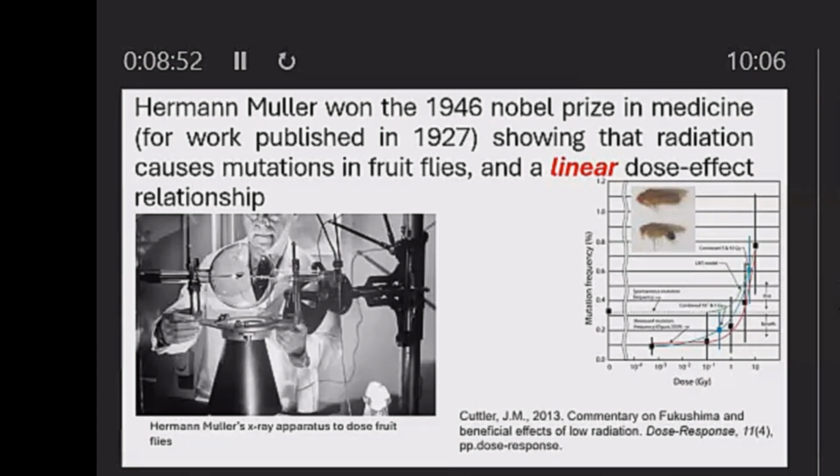The more dose you give, the more mutations he observed in the germ lines. And it was proportional. And this is really the first work that established this linear dose effect relationship. This was for mutations like a change of color, wing shape, stuff like that. But as we'll see, future studies have established this linear relationship for cancer and other stochastic effects.